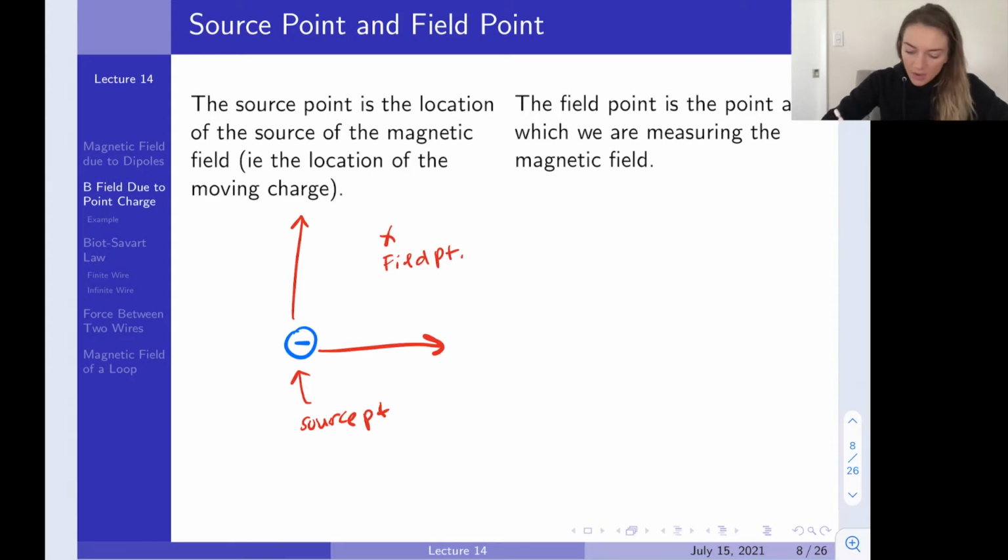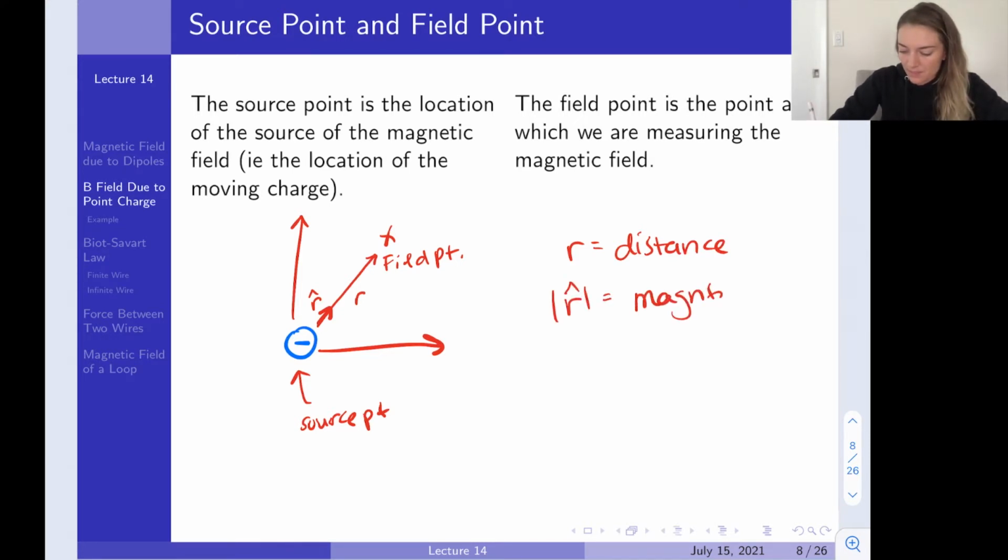So that means that this is the distance R, and this is a unit vector R hat in that direction. R is a distance, and R hat is just a unit vector with magnitude 1.